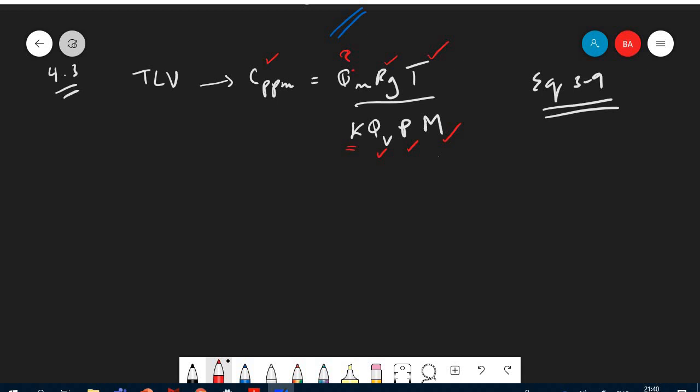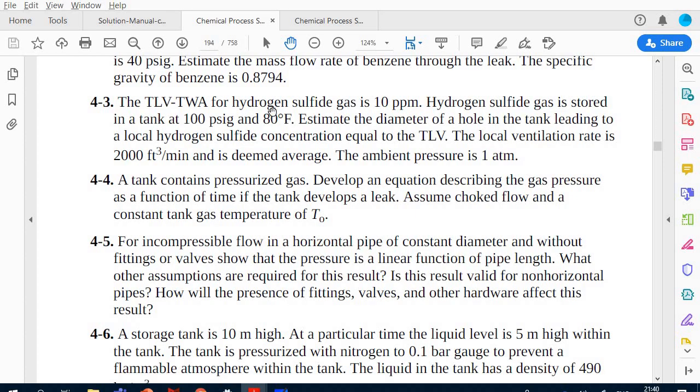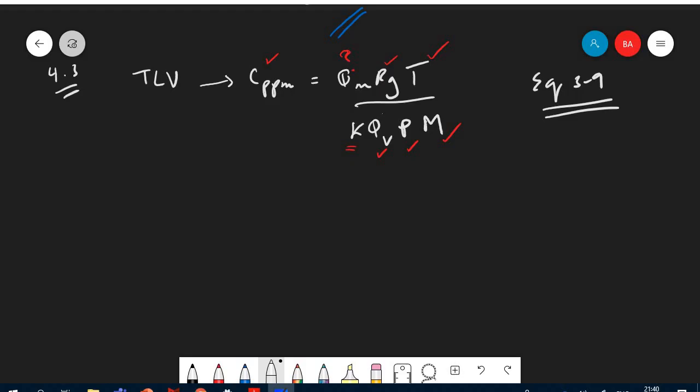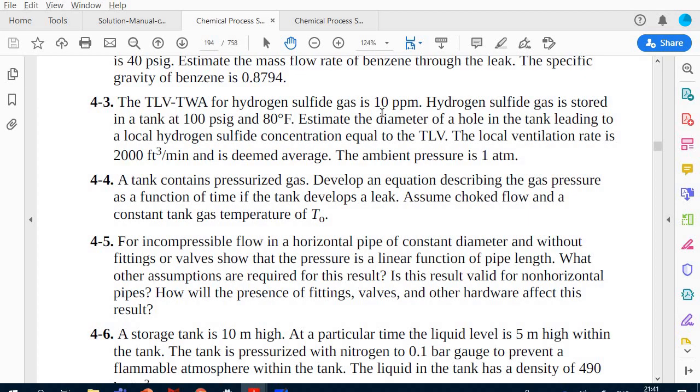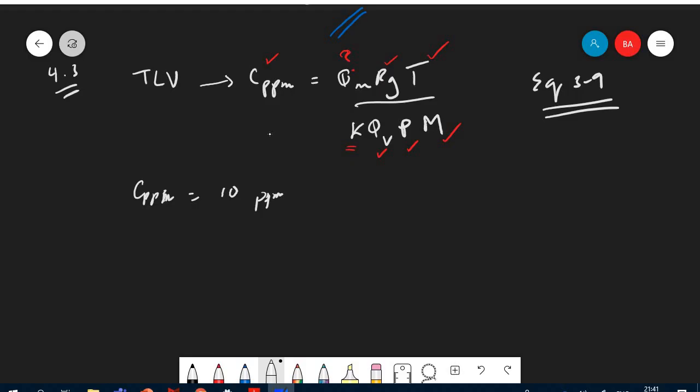Okay, so let's work on it. The information that I have here, again, from 4.3, the TLV is 10 ppm. So CPPM is equal to 10 ppm. What else do I have? The H2S is stored in the tank at 100 psig and 80 degrees Fahrenheit.